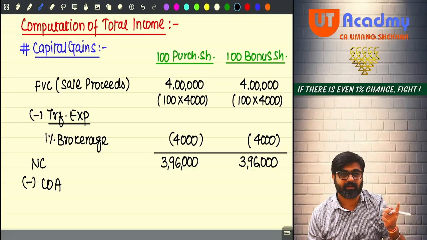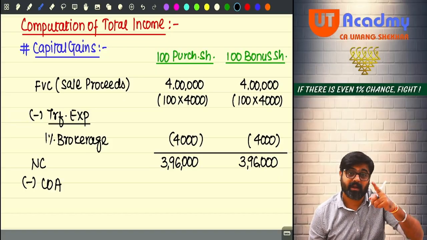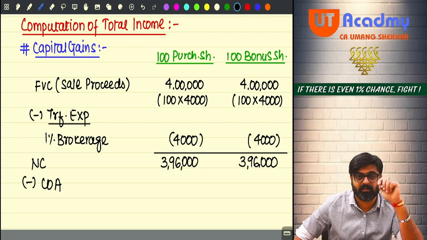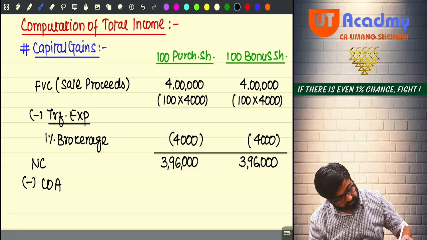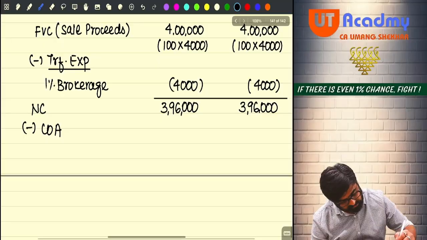And the shares are long term. 100 purchase shares are long term. But 100 bonus shares are not long term. Their period of holding is less than 12 months. Yes or no? So, cost of acquisition for 100 bonus shares will be how much? Nil only.